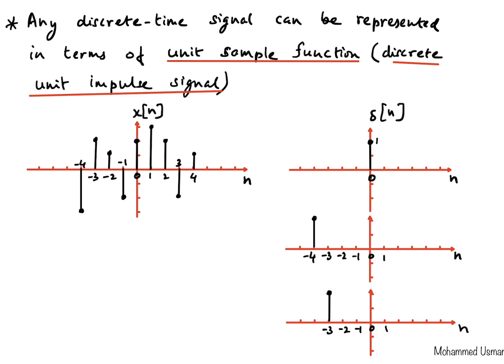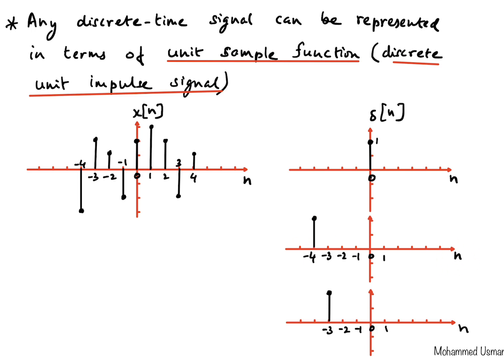What we have on the right hand side is the delta function, which has a value of 1 when n equals 0. The second plot here is also a delta function, but it is shifted to the left by 4. So instead of at 0, it is delta n shifted to the left by 4 index units of n.